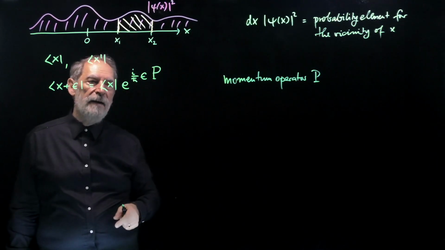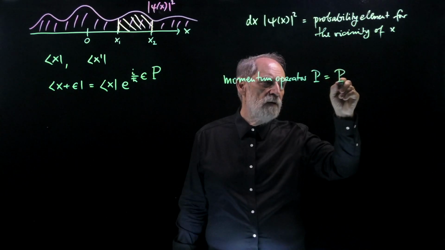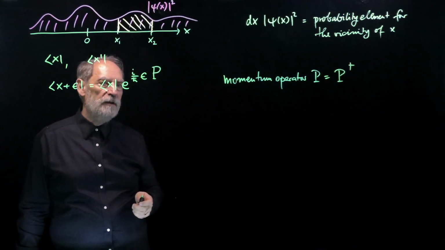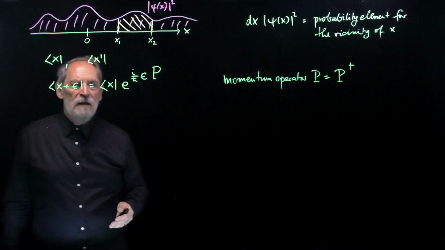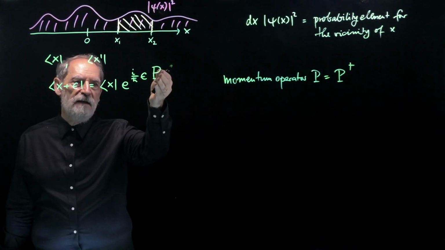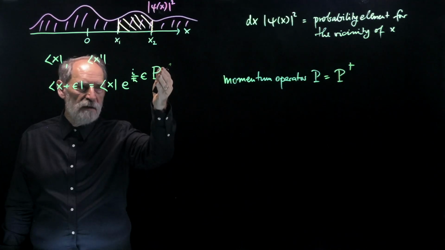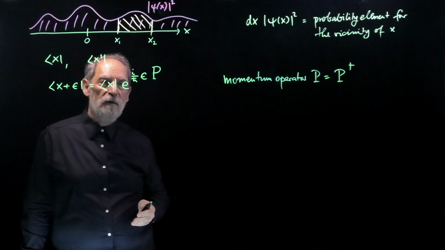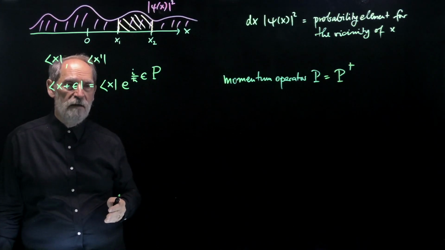And we need the i to make sure that for this self-adjoint Hermitian momentum operator P, we get a unitary transformation. So this is just writing down what momentum means. It's the operator that shifts position. That's just terminology that we borrow from classical mechanics.